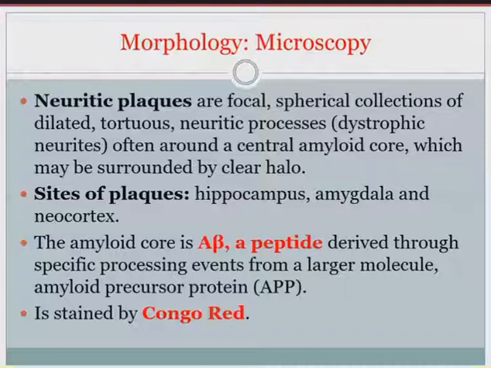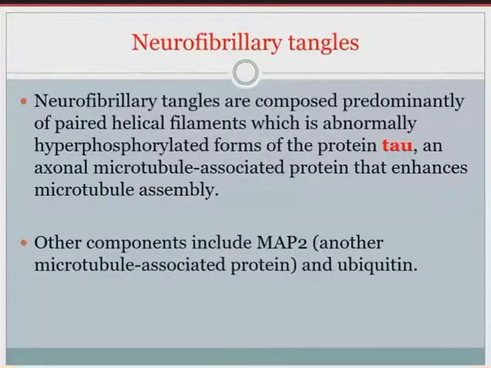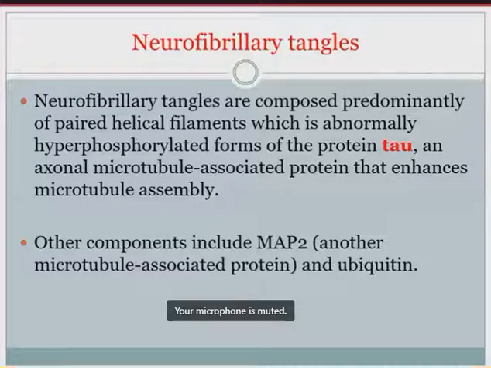The other is the neurofibrillary tangles. That was the neuritic plaque; the other thing that you see in the histology is the neurofibrillary tangles. These tangles are composed of paired helical filaments, of abnormally hyperphosphorylated protein tau.